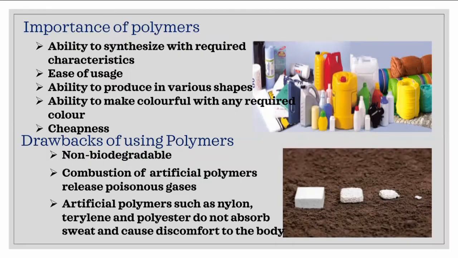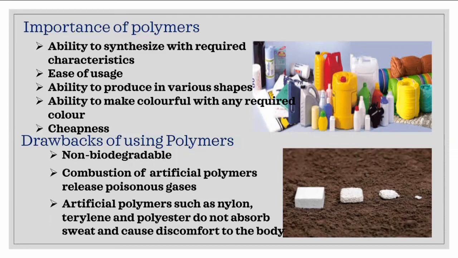Today, we use artificial polymers as substitutes for many purposes. Here are some reasons why polymers are considered very important to us. Polymers can be synthesized with the required characteristics needed for our purpose. They are much easier to use.